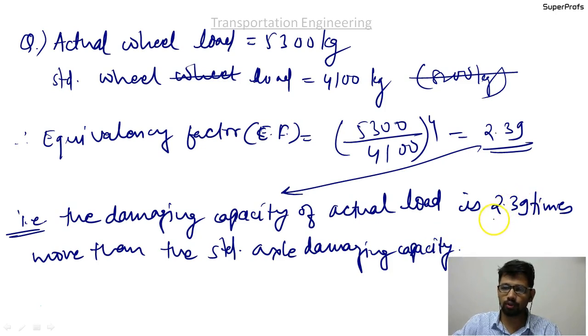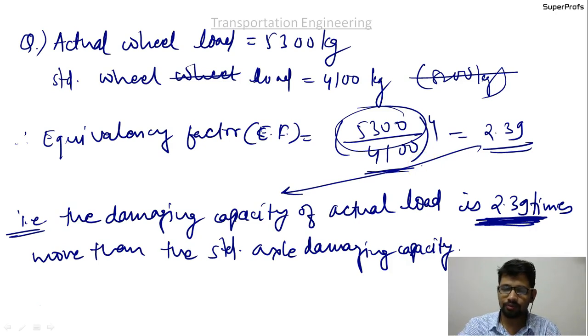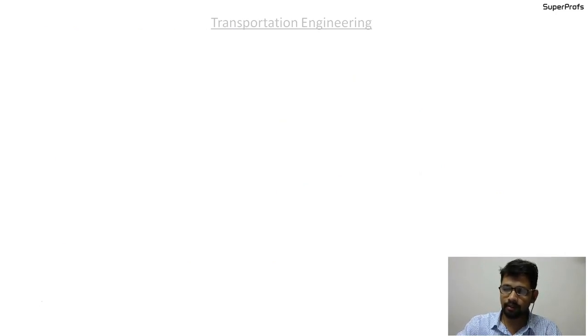This is very important to understand: what is the equivalency factor. So a wheel of 5300 kg is 2.39 times more damaging than the standard wheel of 4100 kg. Please understand, we will discuss how this can be applied.